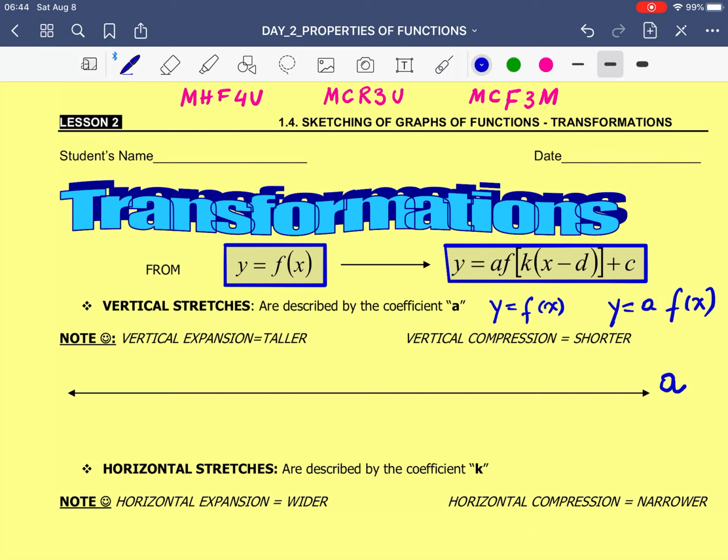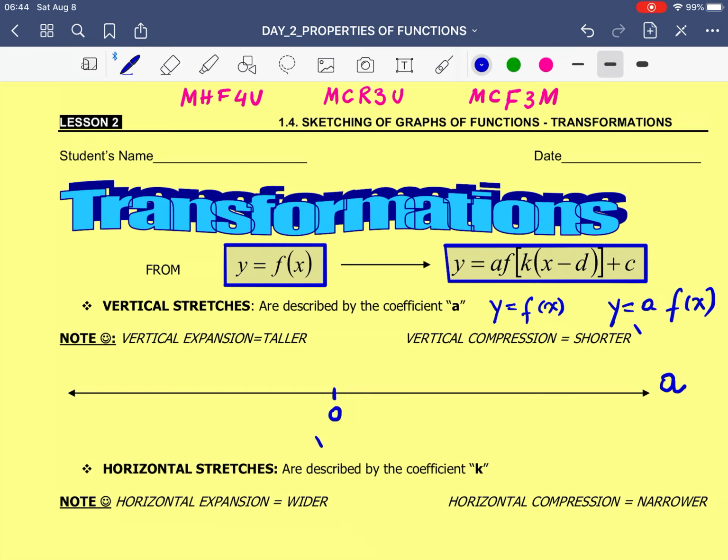Well, pretend that this is a number line that represents the possible values of a. Imagine that if a equals 0, then no matter what f of x is, the function will become y equals 0.